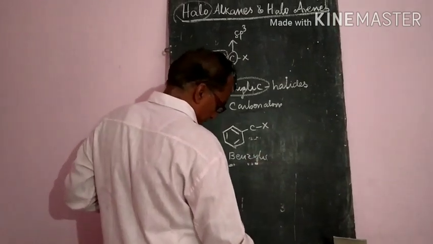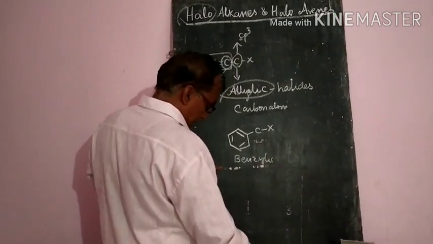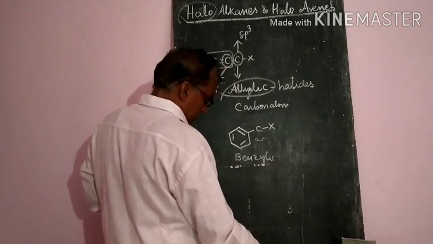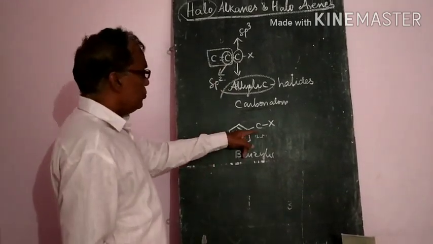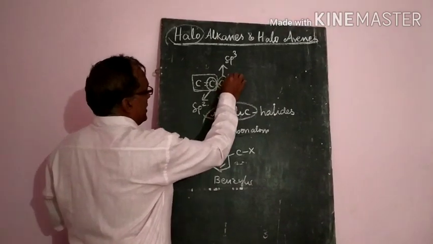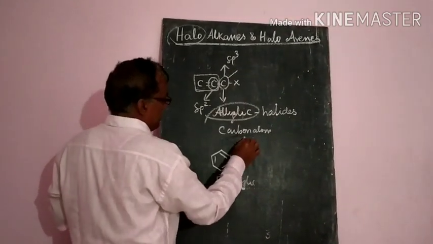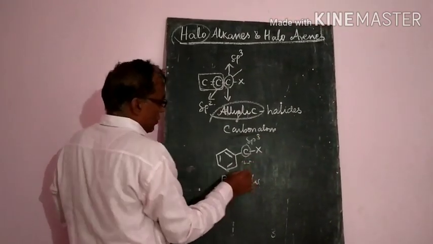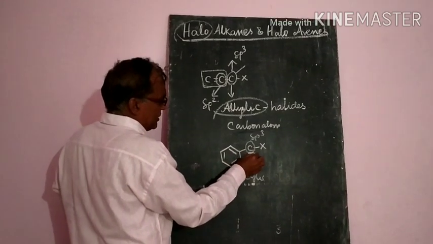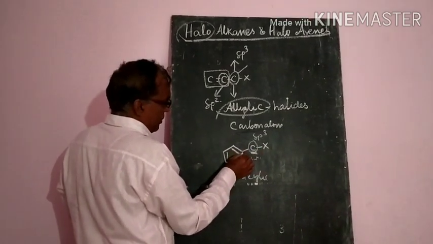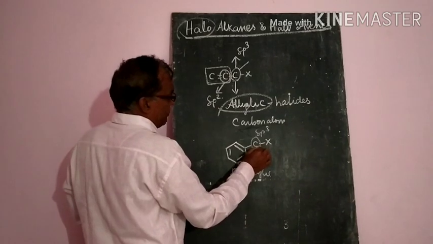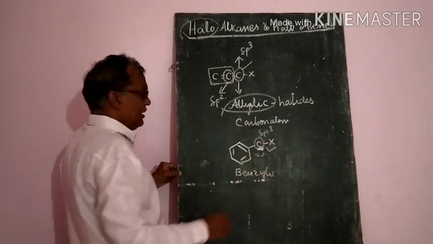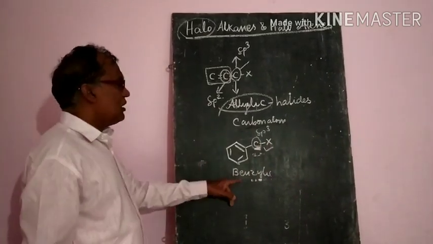Try to understand it: allylic carbon atom and benzylic carbon atom. In these two, the carbon atom's hybridization state is sp3 only. Where the carbon atom is attached to the double bonded carbon atoms, that carbon atom only we call an allylic carbon atom or benzylic carbon atom.